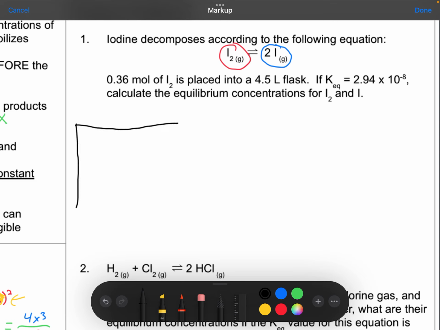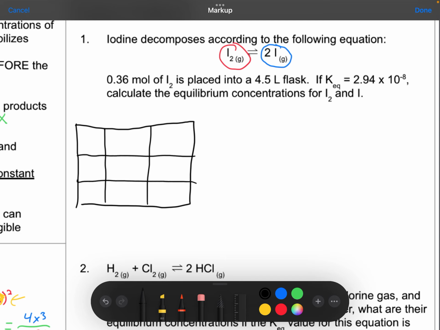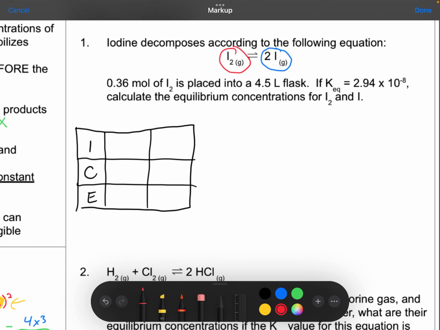Pardon me if mine is a little bit messy and wonky looking. Initial, change, equilibrium. And then I am going to place my reactant and place my product up above their rows.